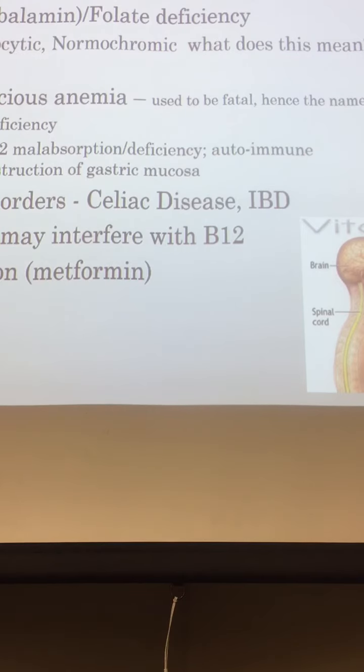Either vitamin B12 deficiency or folate deficiency. That's pretty much it. How do you tell the difference between B12 and folate? One of them is going to cause nerve problems and the other one is not. Which one causes nerve problems? If you don't have enough B12, because that's what maintains the myelin sheath.